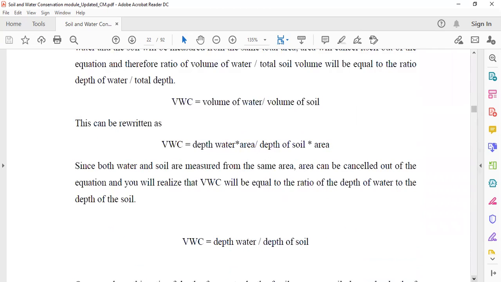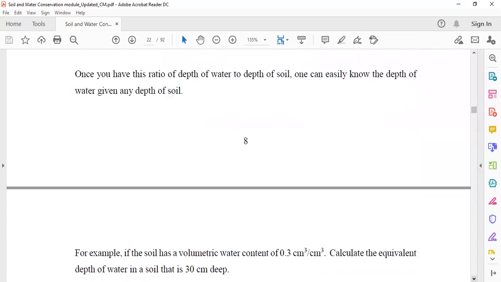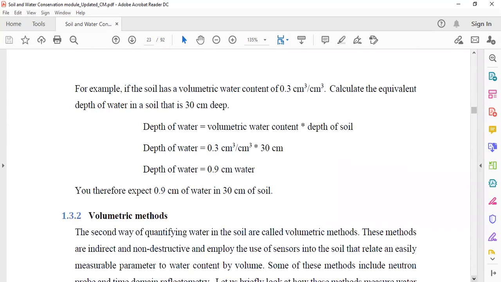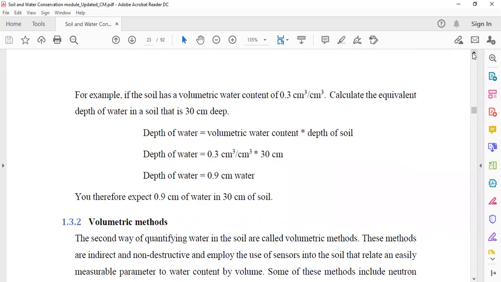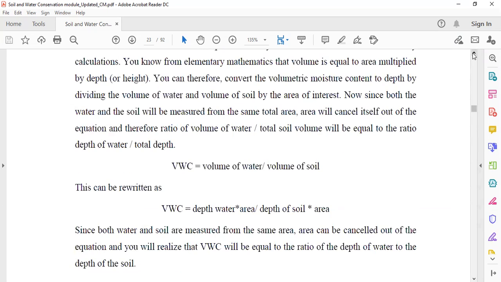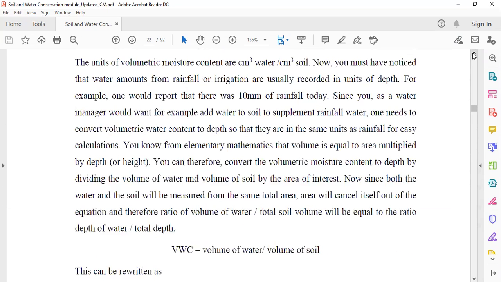I think for this unit, those are the calculations that are there. In the assignment, you're given a dry soil and a wet soil, and you have to calculate the bulk density and the moisture content.